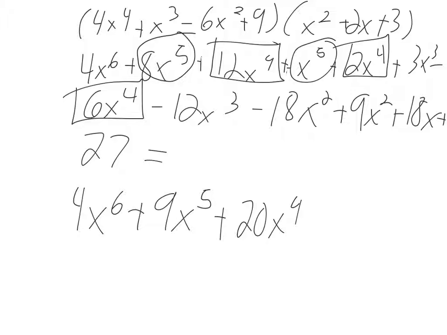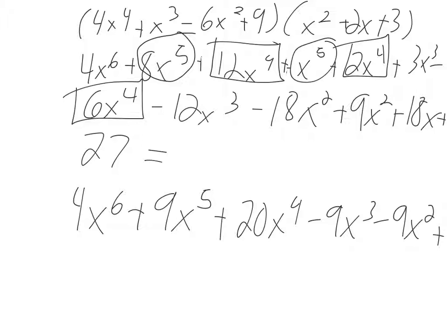Now we have our 3x to the third minus 12x to the third, and so we're going to have minus 9x cubed right there. And then negative 18x squared plus 9x squared, of course, is going to end up equaling negative 9x squared.